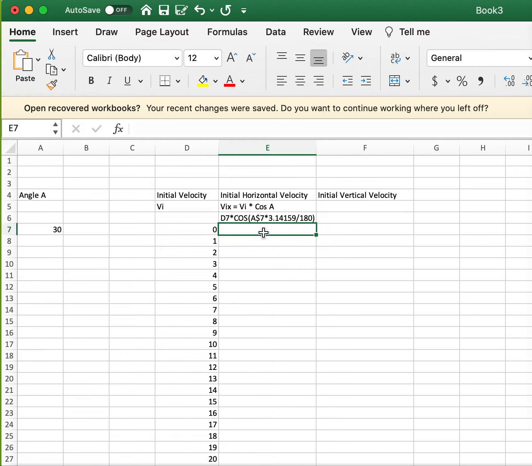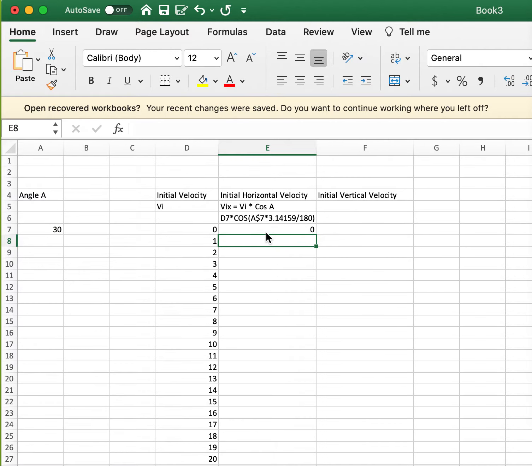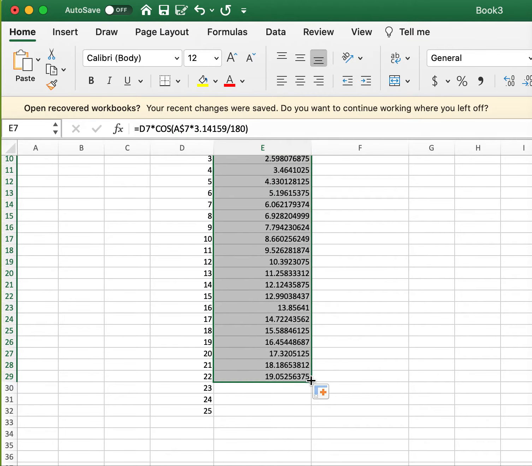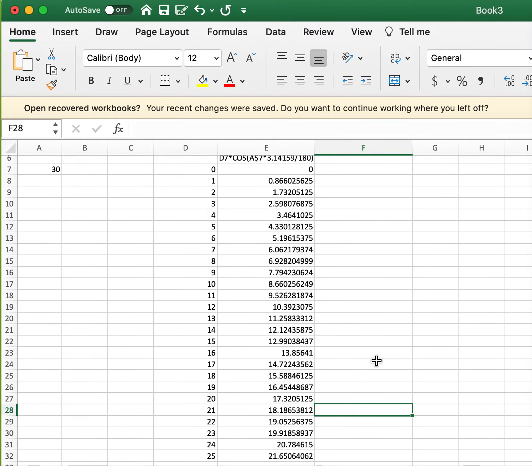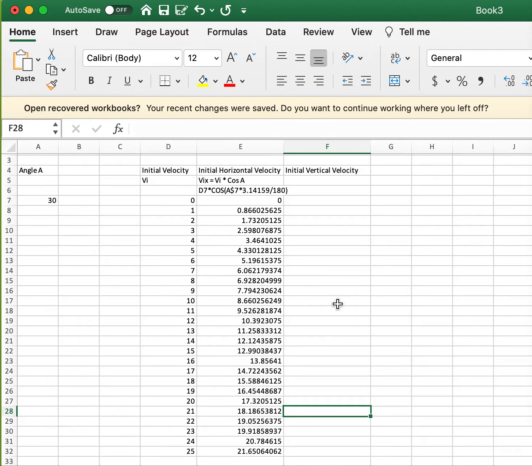So that's what I want to type into my box. So equals D7 times cosine $8.7 times 3.14159 over 180. Alright, now I should be able to just drag that down. Alright, that looks pretty good right there.